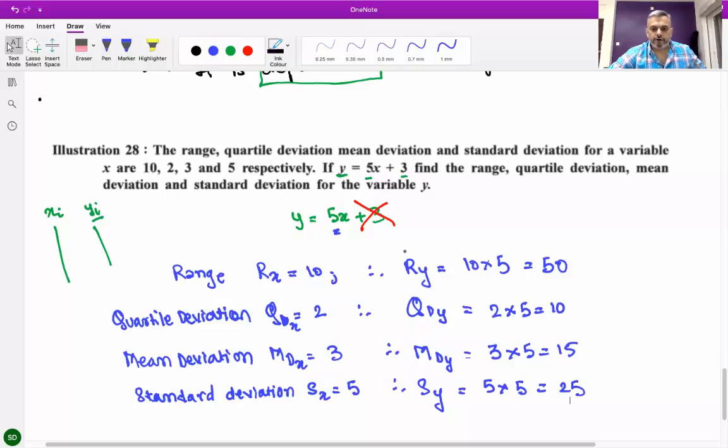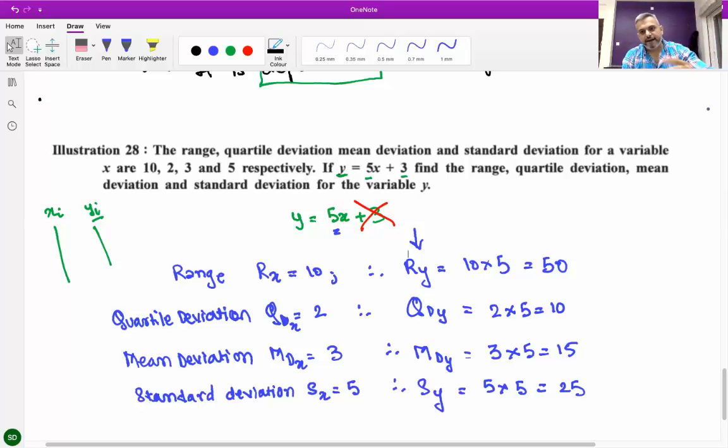So you can see for all the new measures, we have ignored 3, but we have taken into consideration 5. So please write this. It can come as a short sum. Now why are we doing this? Because measures of dispersion are not affected. It is independent of change of origin.